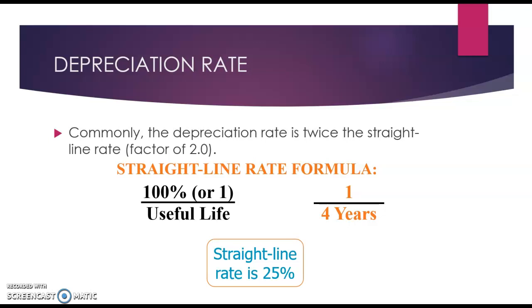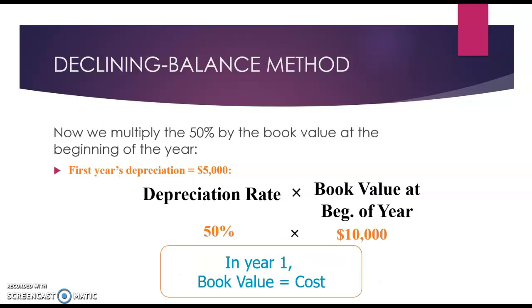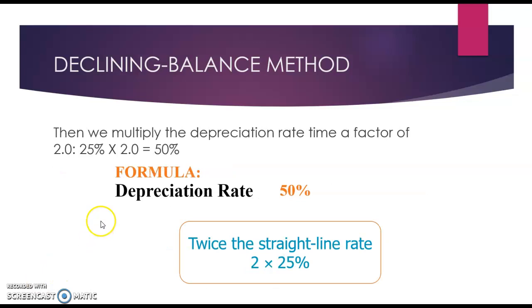So to get the straight line rate, we take 1 divided by the estimated useful life of 4 years. 1 divided by 4 is 0.25, or 25%. Now we multiply that 25%, assuming we use 2.0 as our factor, so 25% times 2 is 50%.